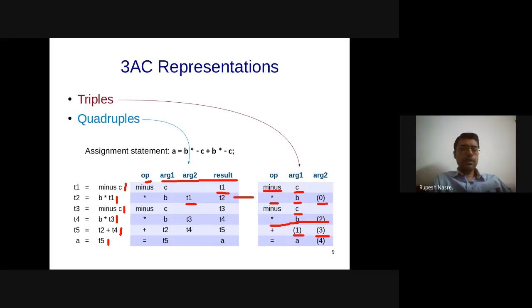The advantage of using quadruples is that the dependence across different instructions... Relative positioning matters anyways because the order signifies operator precedence and associativity. The operator precedence and associativity is already encoded whether you are using quadruples or triples. That has to be respected anyway. We can access sub-expressions and see repetitions.